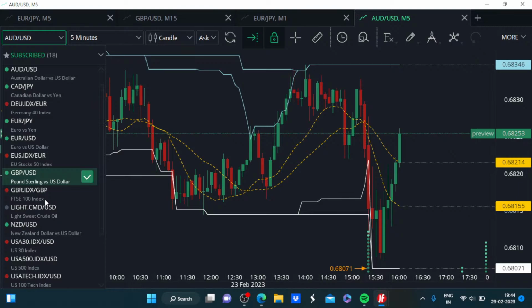In these two comparisons of the AUD USD and the USDJPY, you can see that if we take out the US dollar, then we have the JPY, which is looking much more bearish than the AUD.